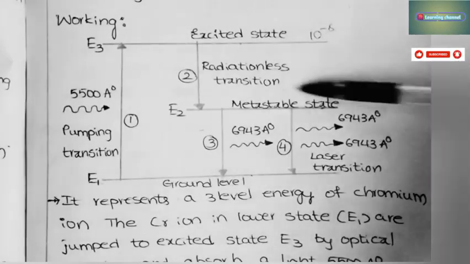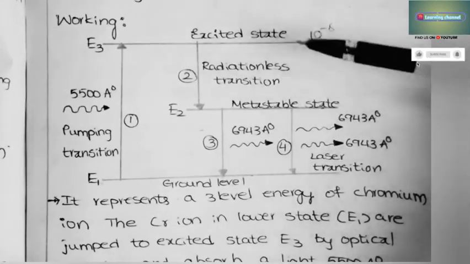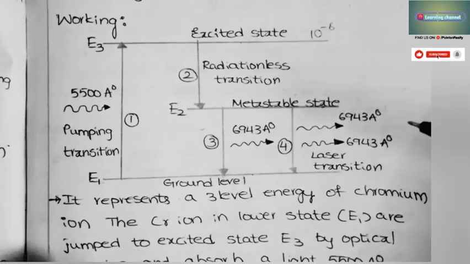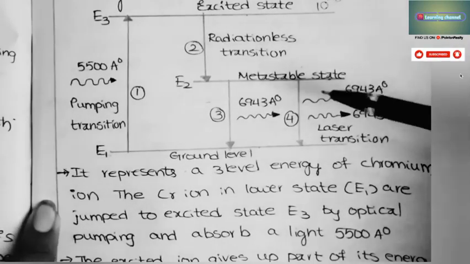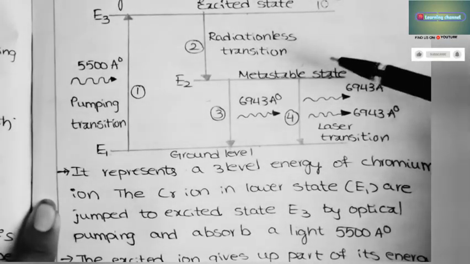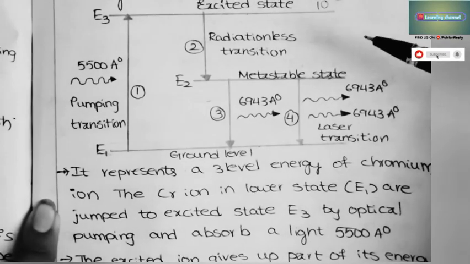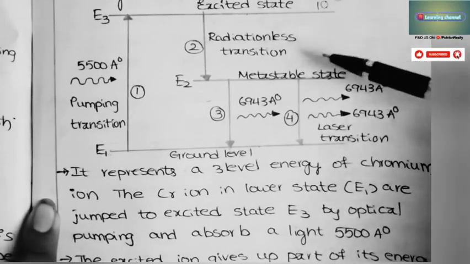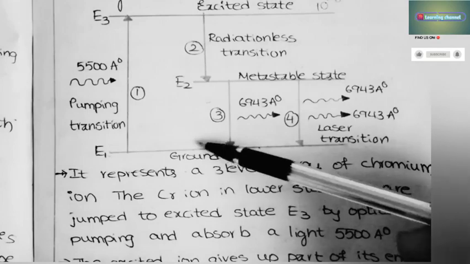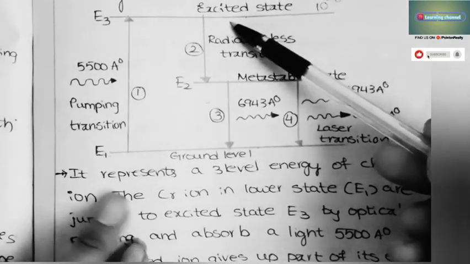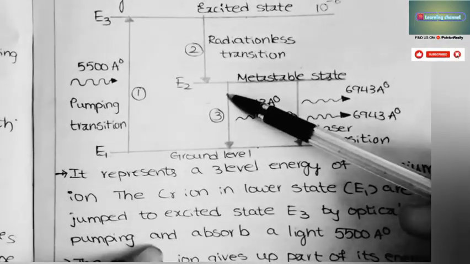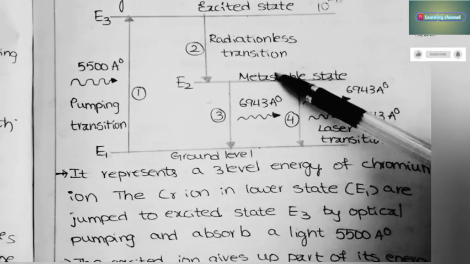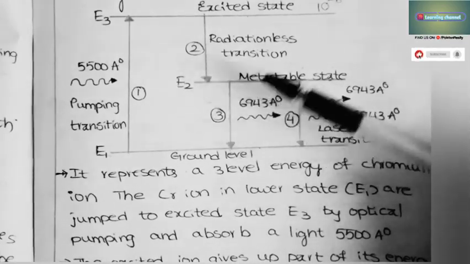We already know that a metastable state has more lifetime, that is 10 to the power of minus 3 seconds. Since metastable E2 has a much longer lifetime, the number of ions in E2 increases. First we jump to the excited state, and after that it comes to E2.